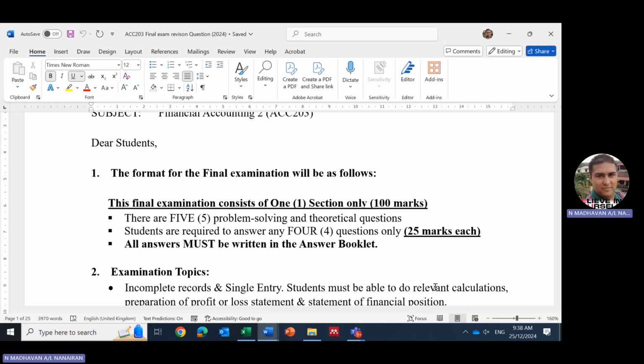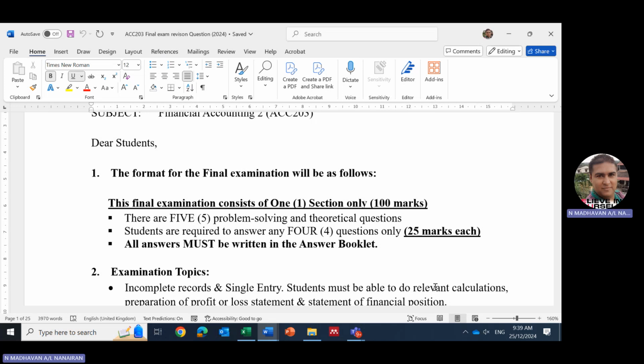Decide the 4 on the exam day. You practice everything. Because if you decide on 4 now, and on the day of the exam you open your exam paper and you do not know how to do 1, then you're left with 3. That becomes very dangerous.